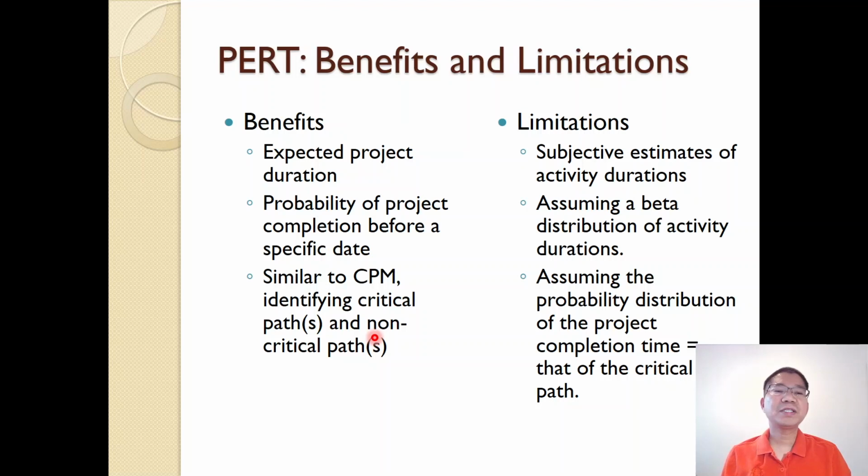And we assume the probability distribution of the project completion time is the probability distribution of the critical path. It may not be the case. It may follow something we call merge bias. With two different paths, one critical and one not critical but with some uncertainty, the distribution of the project completion time may not be what we get in this calculation, which is the probability distribution of the critical path.